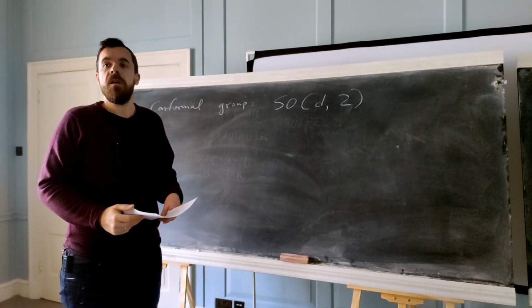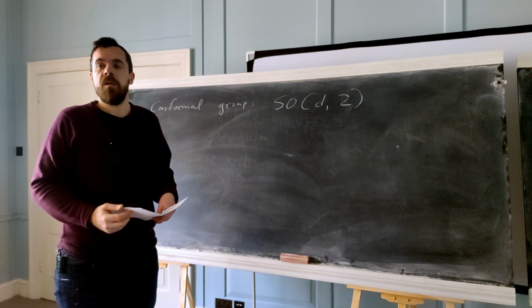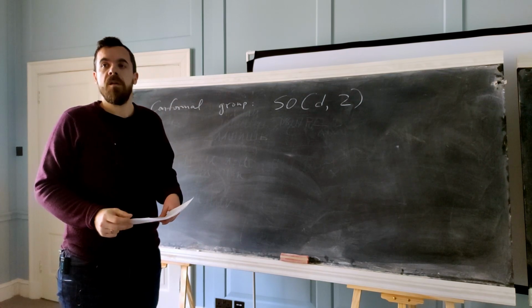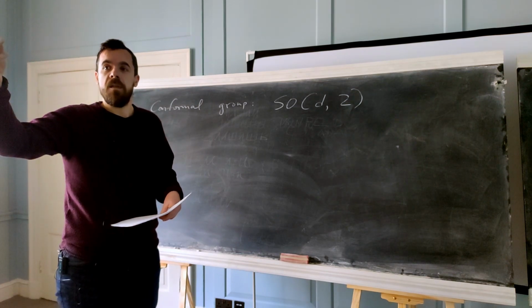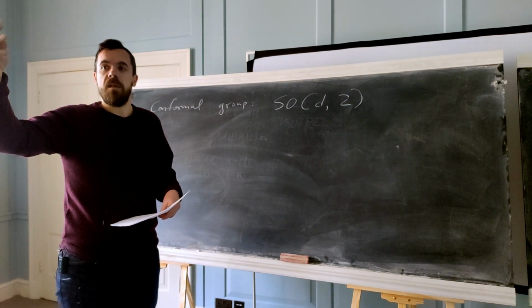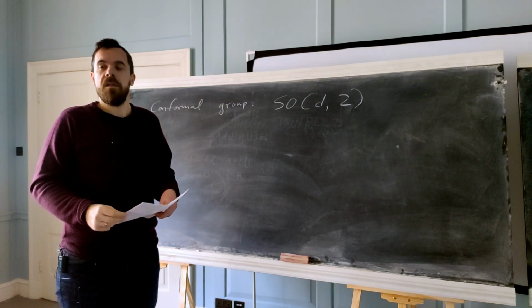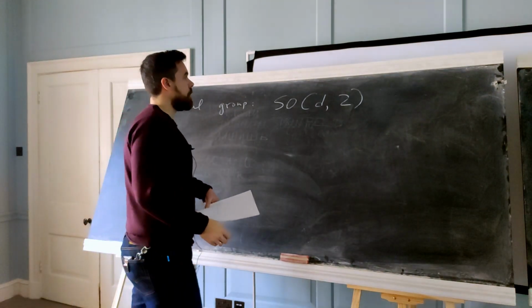This is the conformal group for, let's say, d-dimensional Minkowski space. But you can go to D plus 1, which would be the conformal group for the Euclidean d-dimensional space, right?